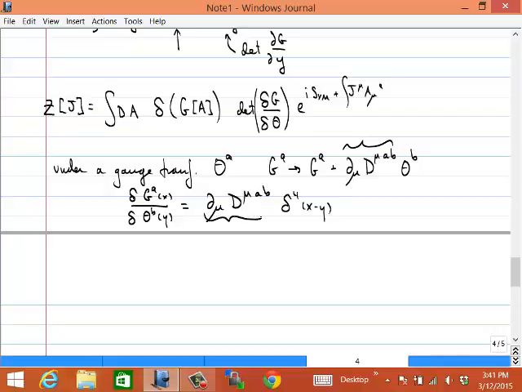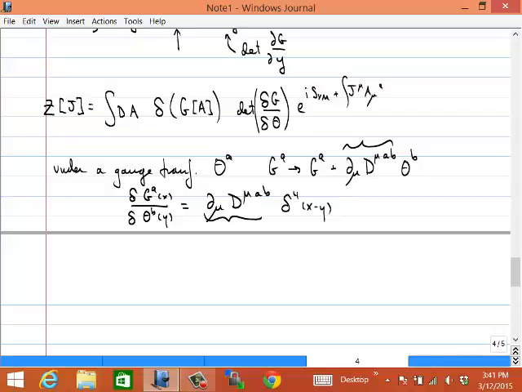And we need to take the determinant of this operator. Now, if this operator were an n by n matrix, we would just take its determinant. But here, the operator is a derivative operator. It's some sort of quadratic derivative operator that depends on the gauge field.